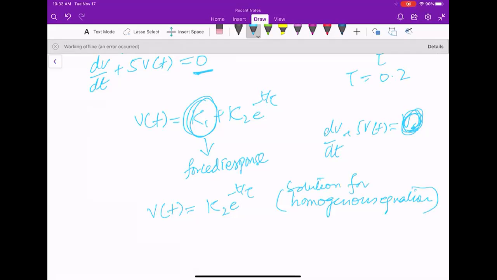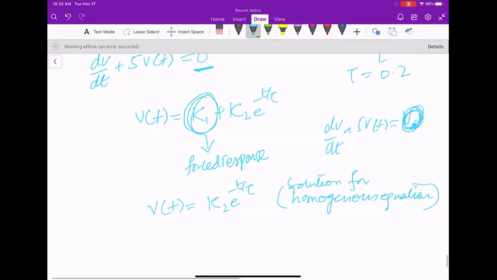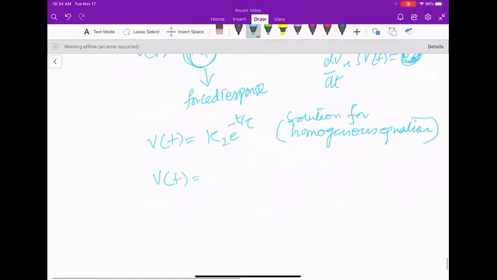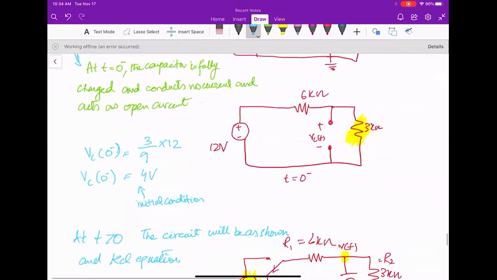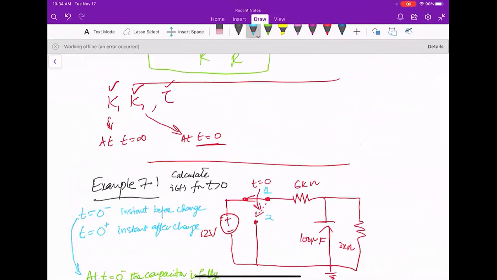Okay, so what do I need to find here? I need to find K2. Yes, I only need to find K2 here. So I can just write it like this. And can you see how I can find K2? V of t equals 4 at t equals 0, right?